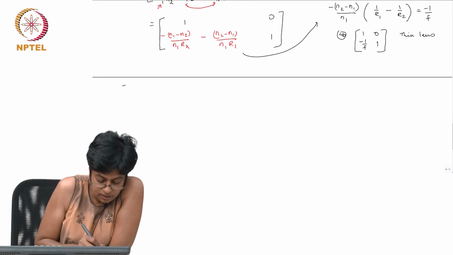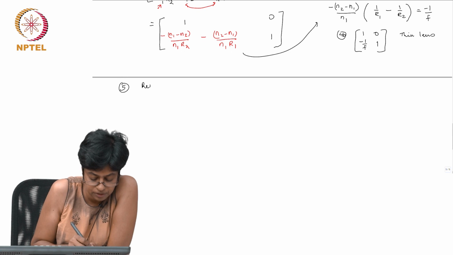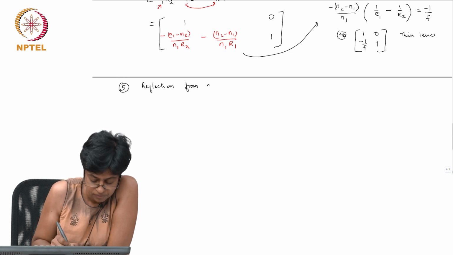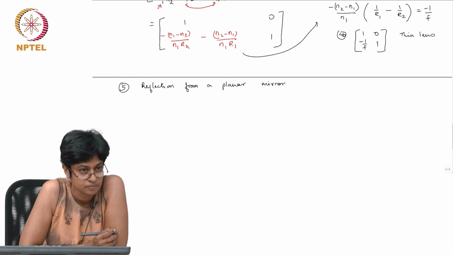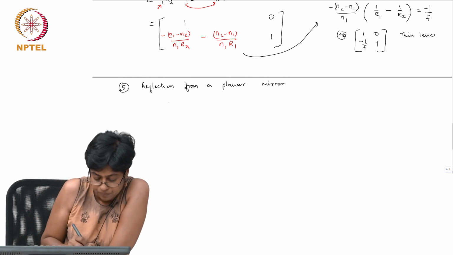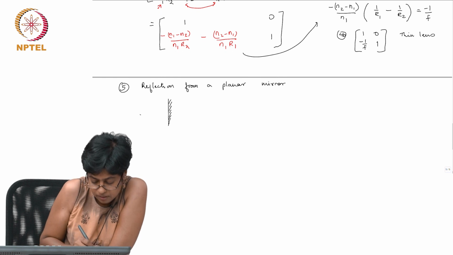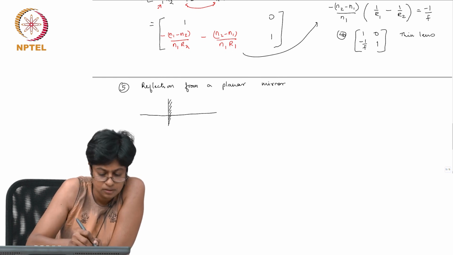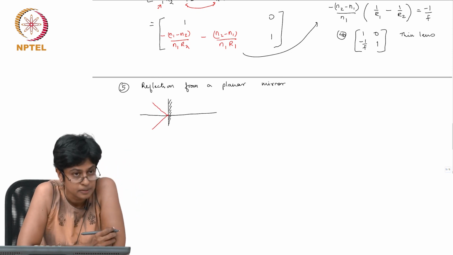So, the next thing, naturally, is to look at reflection from a mirror. If you have a planar mirror, optical axis, incident light, reflected light, right?